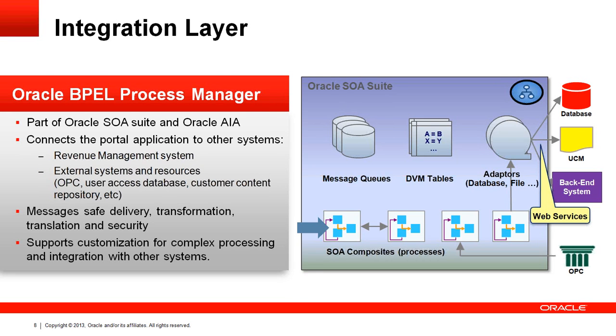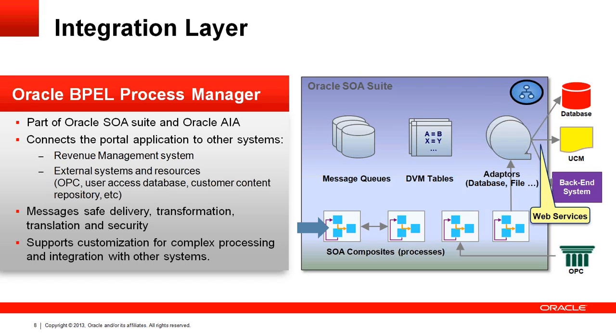If we look at the diagram to see what the BPEL Process Manager layer is composed of, we see that we have several things here. We have SOA composites, which are processes that are responsible for either a complete end-to-end process of a message or part of it. So they can call other processes.